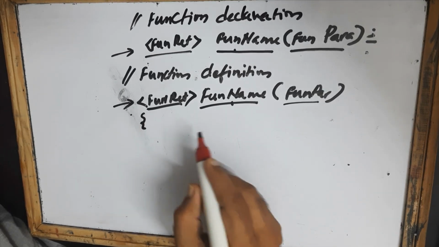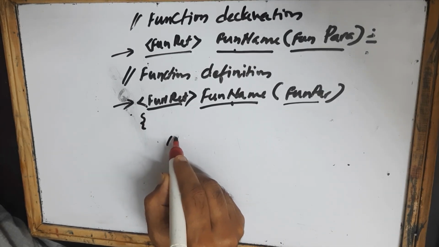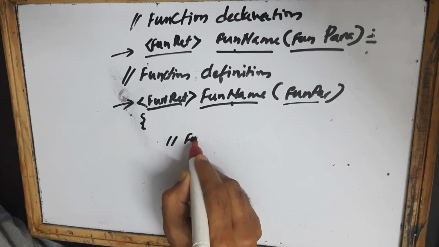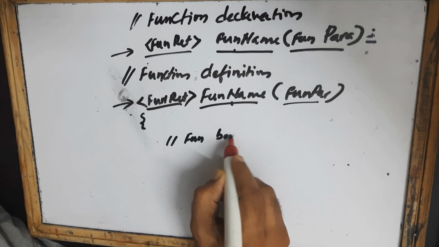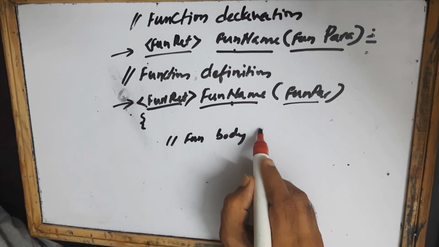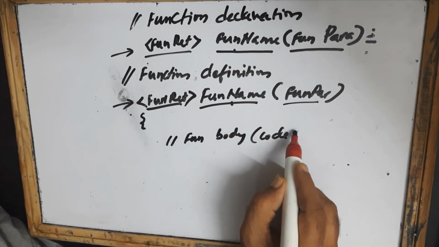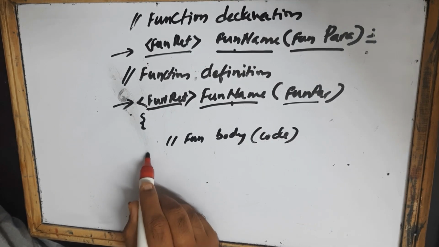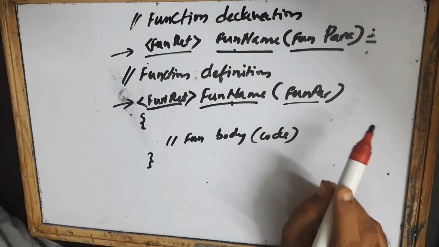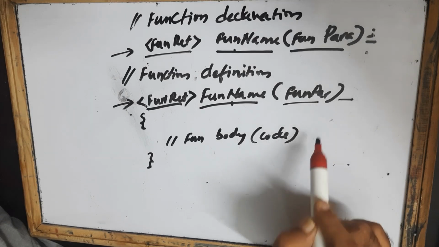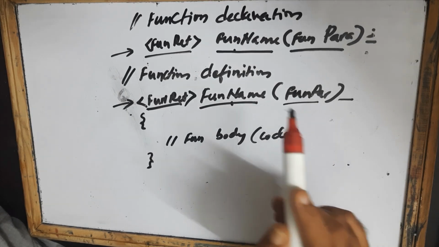Open the parenthesis here. Here you need to write the function body. That means you will have the actual code here, in the close bracket. So remember, no need to add a semicolon here.